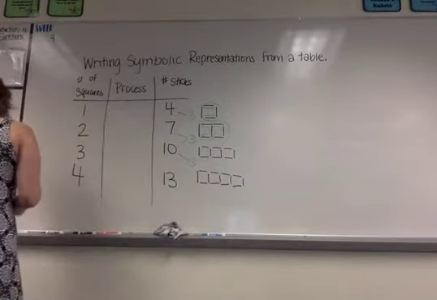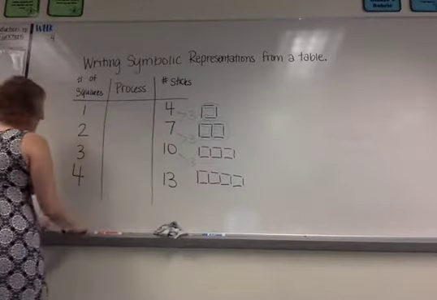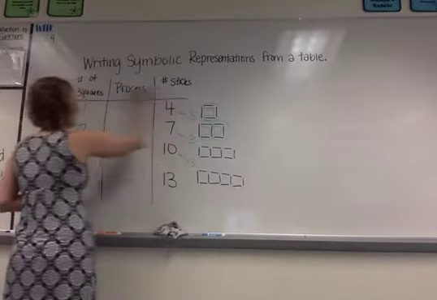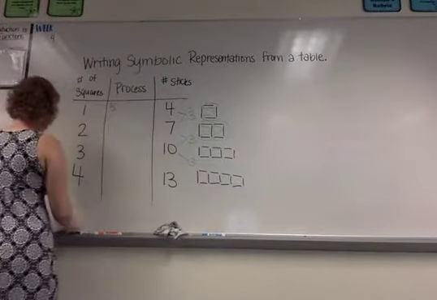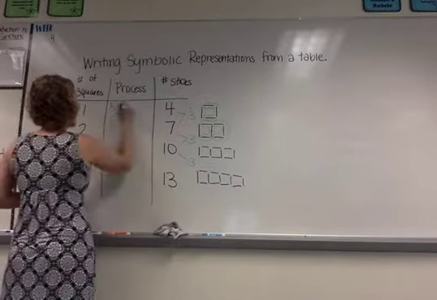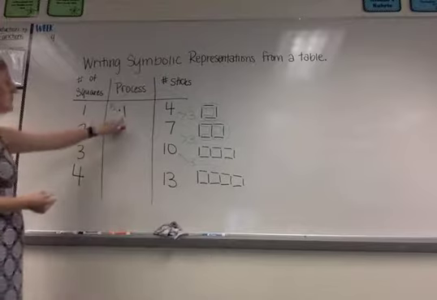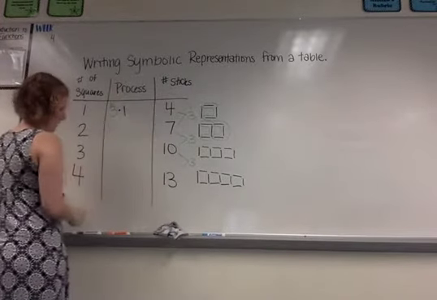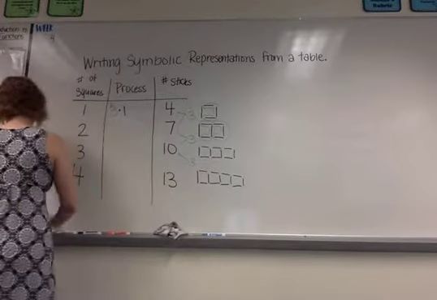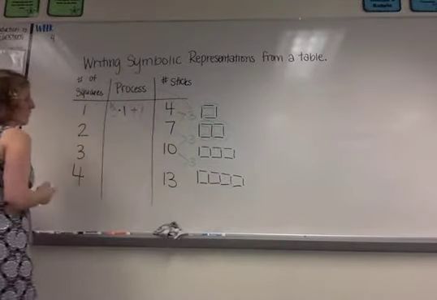So to write our process column, this number right here is what you multiply by. So it'd be 3 times 1. So 3 times 1 is 3. And then you just need to think about plus what would give you 4. So plus 1 gives you 4.